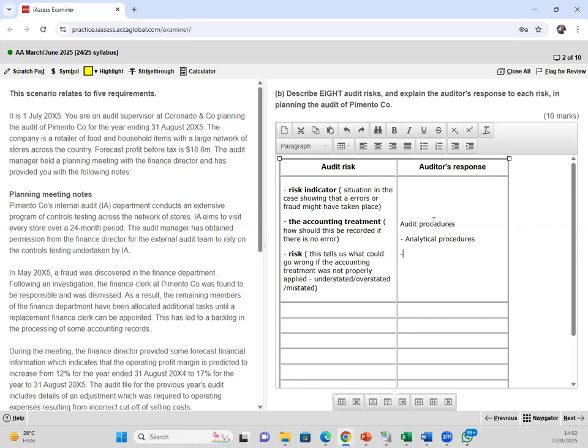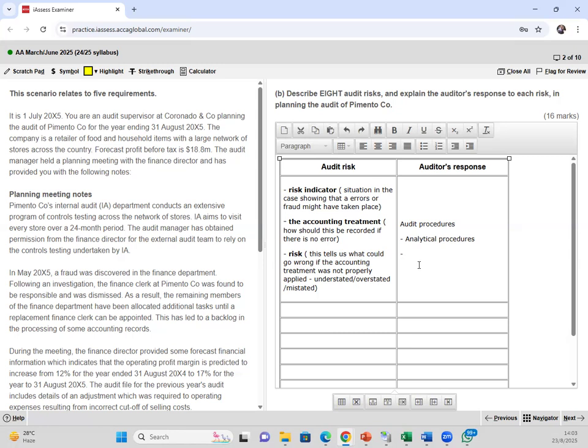However, in some cases, like I mentioned, where there are judgmental areas where there is need for management assumption, we need to hear from them the basis for their assumption. If it's an area where they estimated a provision, maybe a provision for redundancy cost, we need to hear from them the basis for their provision.